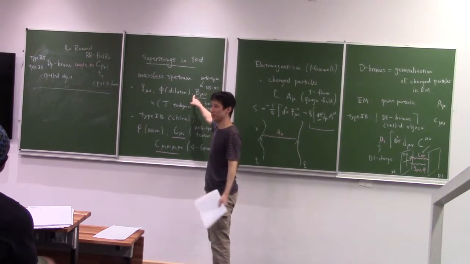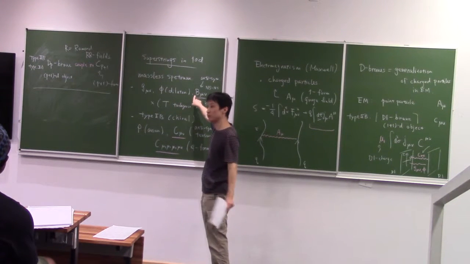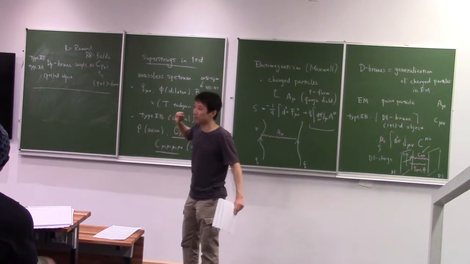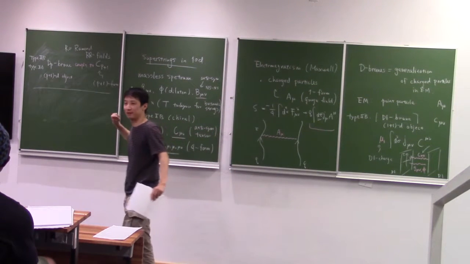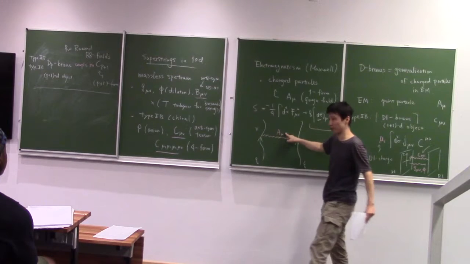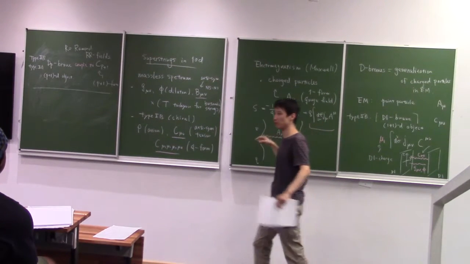B mu nu. So there's some object coupling to B mu nu. Can you guess what it is? It's very similar to this one. So there's an object exchanging B mu nu.